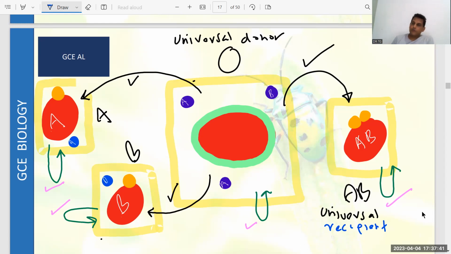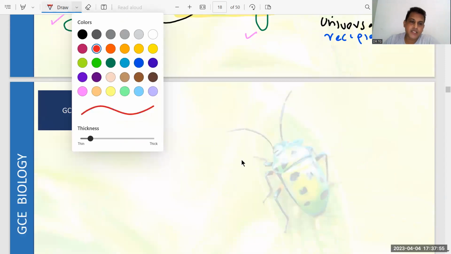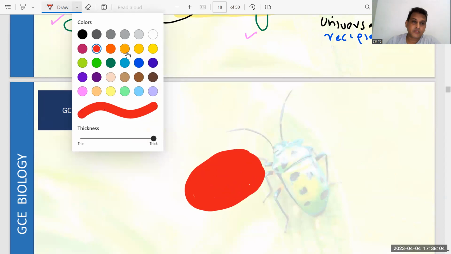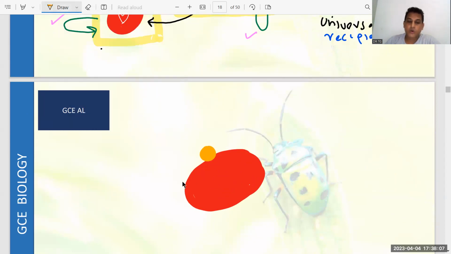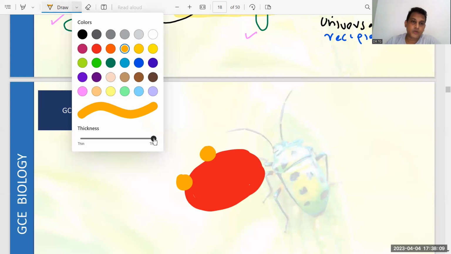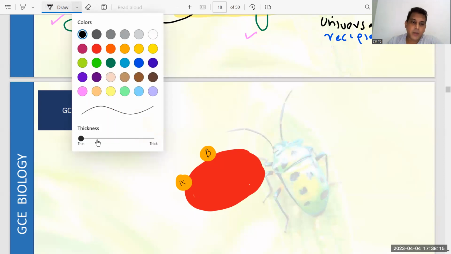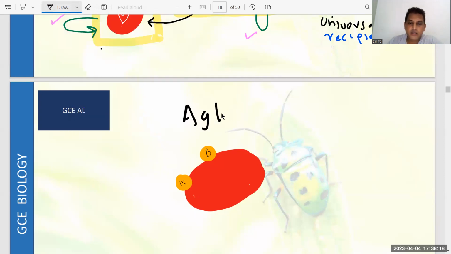So we have four blood groups, A, B, AB and O. And these blood groups are decided by the antigen on the surface of the red blood cells. Now these antigens of red blood cells, which decide the blood group, that is the A or B, are called agglutinogen.